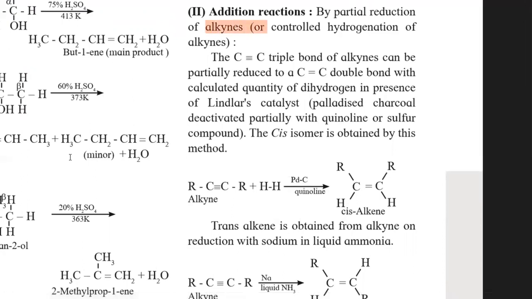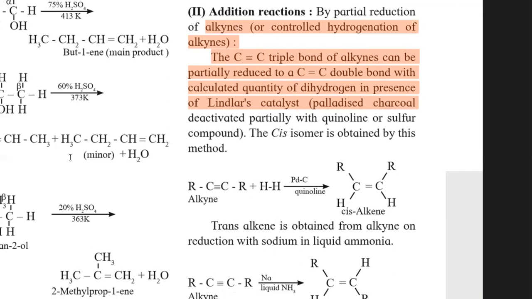Reduction means addition of hydrogen. So here partial reduction is also called controlled hydrogenation. A carbon-carbon triple bond in alkyne can be partially reduced to a carbon-carbon double bond with a calculated quantity of dihydrogen in the presence of Lindlar's catalyst. What is this Lindlar's catalyst?